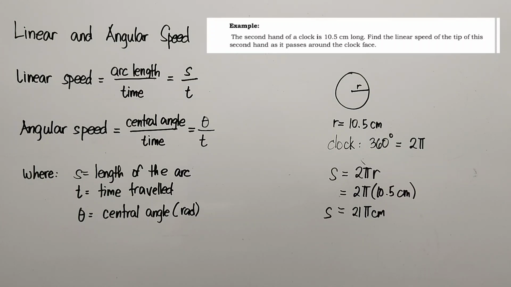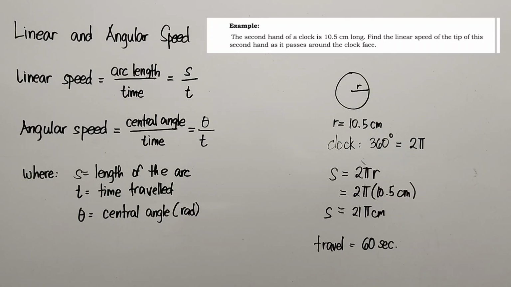To solve for our linear speed, we also need to identify the time the second hand takes to pass around the clock face, that is the entire circle of the clock. So the second hand will travel the entire circle in 60 seconds. The value of our t in this problem is also 60.